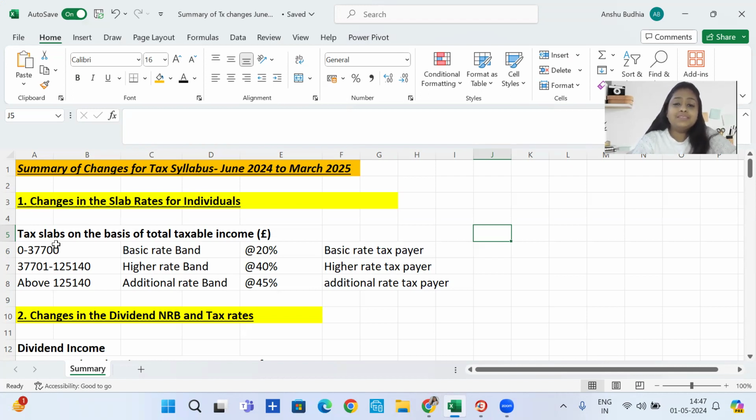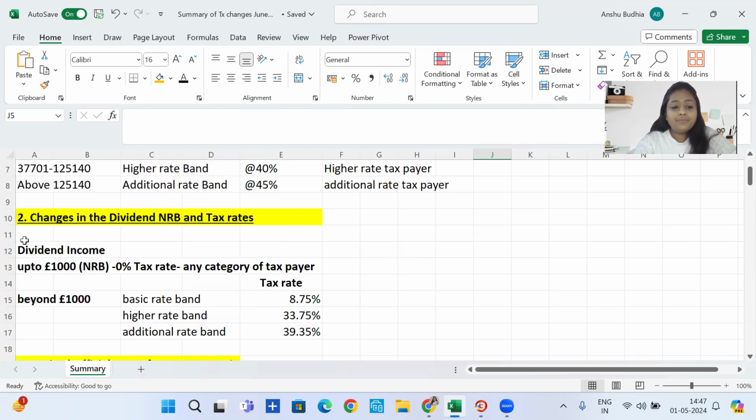Then the last slab is 125,140 onwards, and the tax rate is 45%, and the taxpayer is an additional rate taxpayer. So precisely, the tax rates have not changed, just the higher rate band has changed.